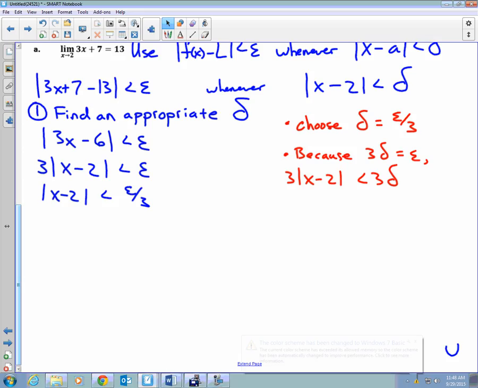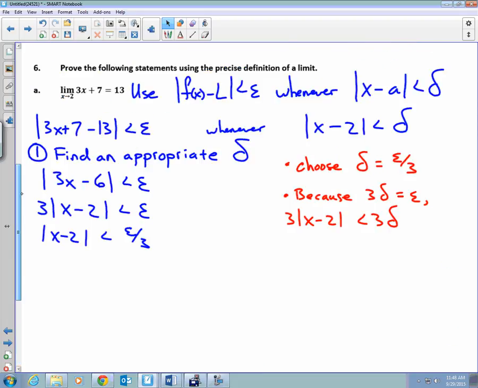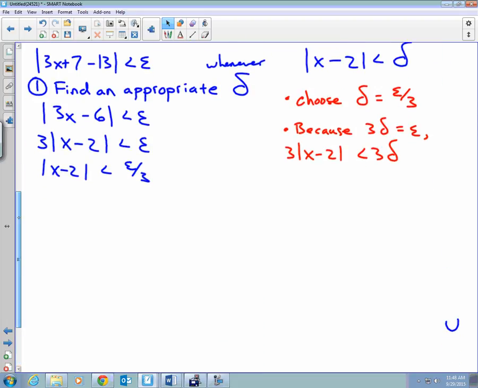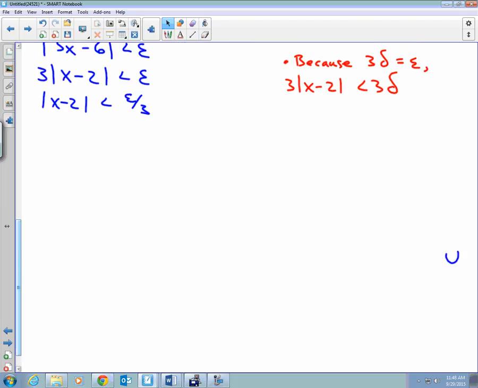Okay? So, great, color scheme has been saved. Thank you. So I have right here in front of us the first step. We found a delta. We're almost going to write the exact same thing over again. We're going to use our work, but we're going to make a mathematical statement. So our statement is this. Number 2.